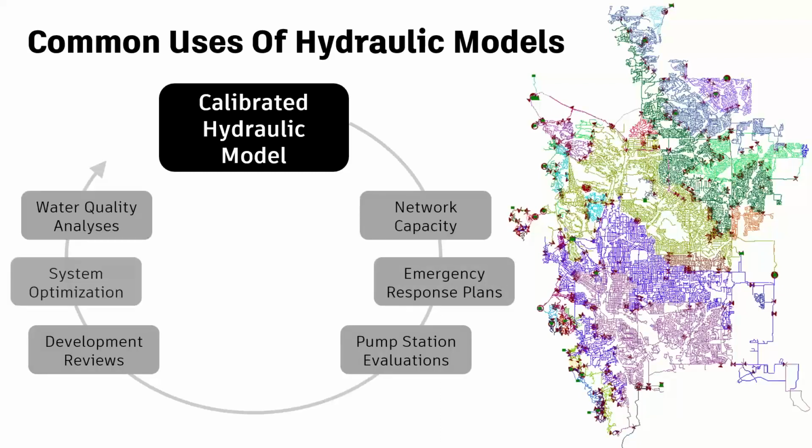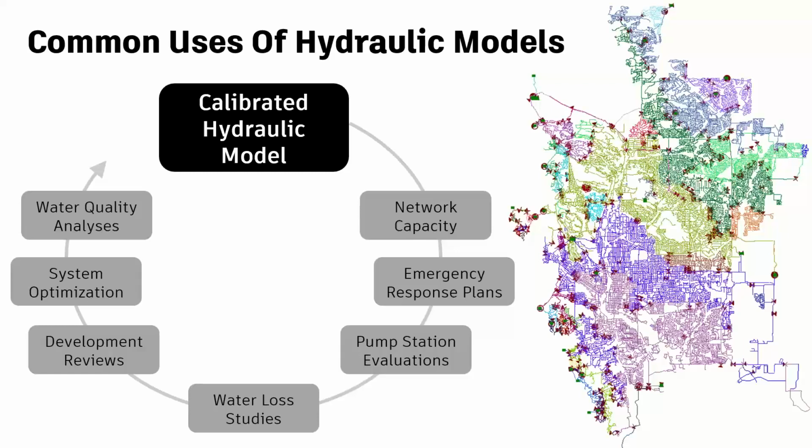There are so many different ways that you can get value out of a calibrated hydraulic model, from network capacity analyses to emergency response plans, to evaluating pump stations, performing water loss and non-revenue water studies, to doing developer reviews, optimizing your system performance, and even doing water quality analyses like water age and chlorine decay, like we're going to explore later in the presentation.